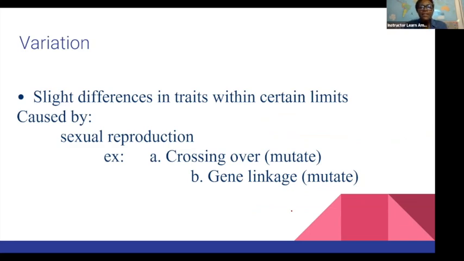So any slight difference or variation can be caused in sexual reproduction. Remember before I said that mutation could have a negative or a positive trait, but sexual reproduction is a type of mutation. It's a change to the sequence. When meiosis is taking place, there's crossing over of the genetic information.